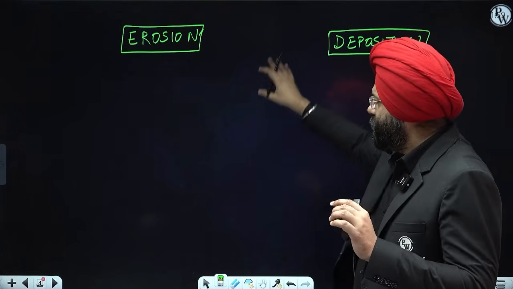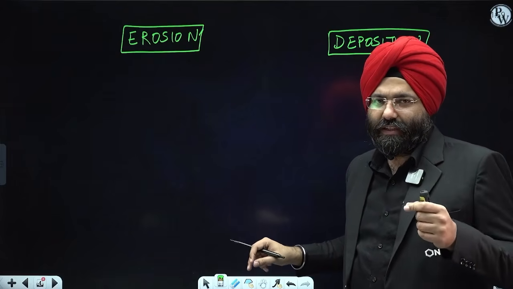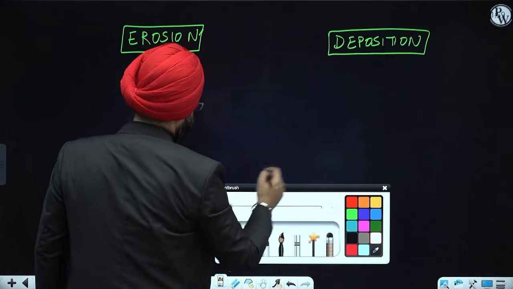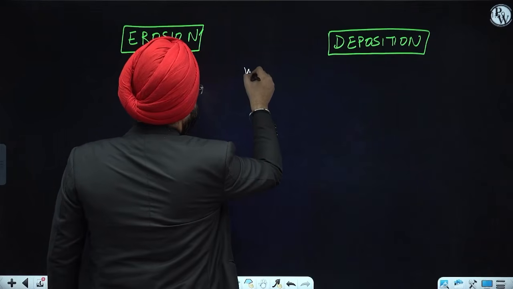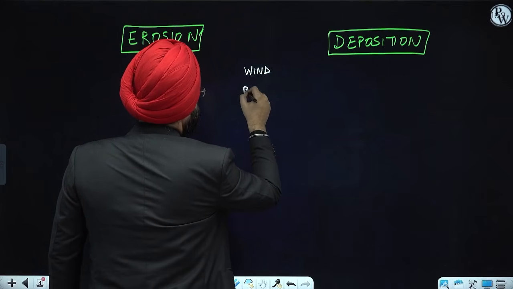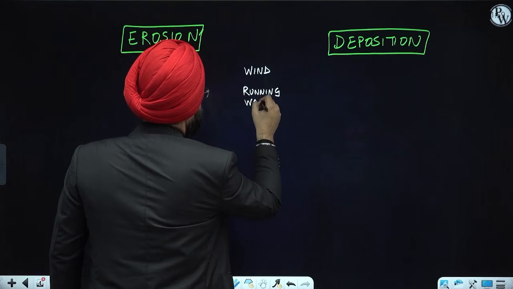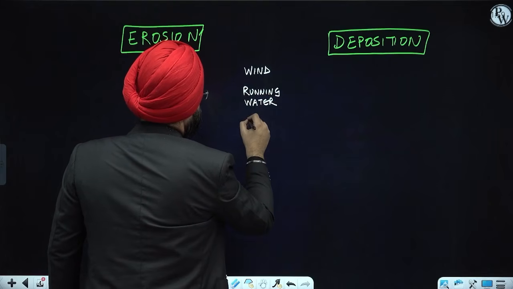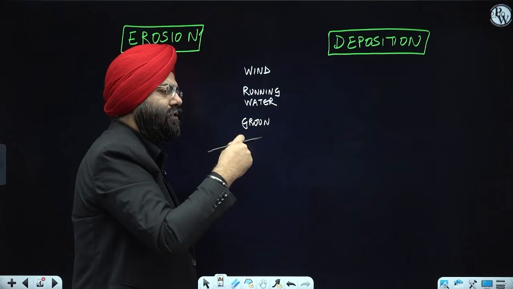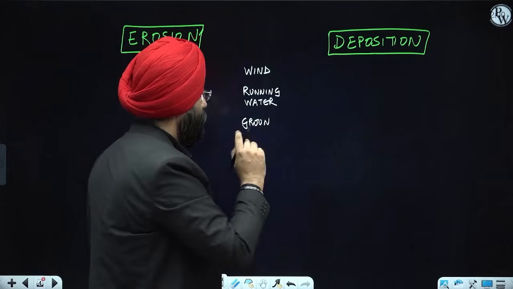I'm writing certain words over here, because this chapter is going to deal with them, which is why it becomes very important. Let us say wind, running water or surface water, and groundwater. Groundwater is very intricately linked to the concept of karst topography, which lies in the limestone regions, which we'll be studying.